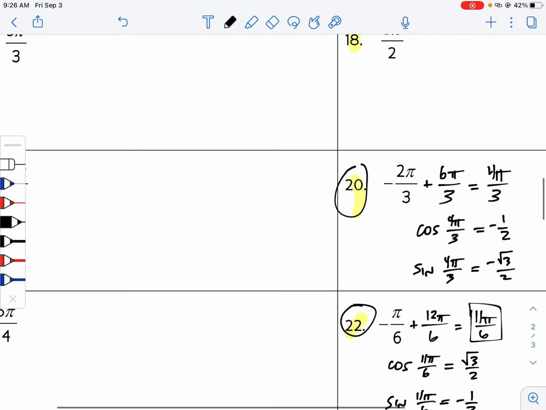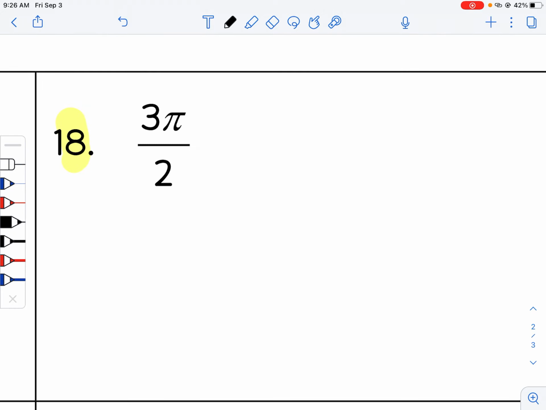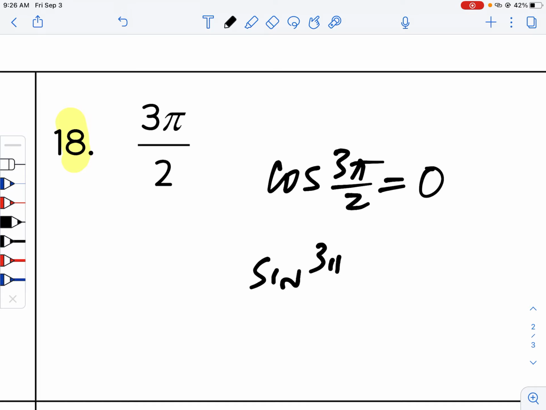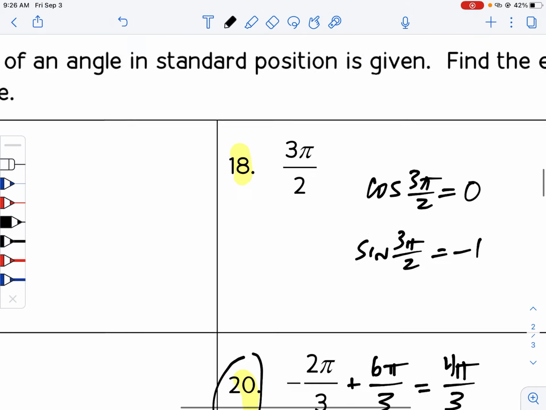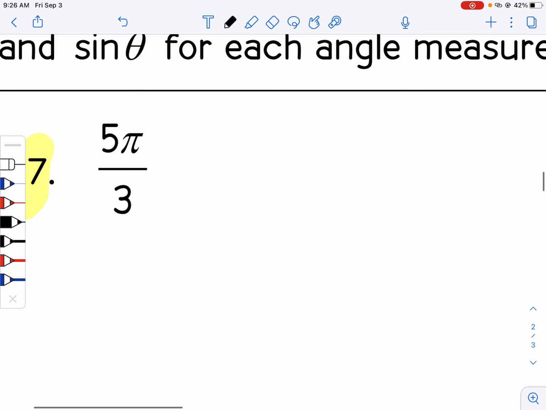Okay, so the rest of these here, again, you should be able to locate them on your unit circle. 3 pi over 2, the cosine there is going to be 0. And the sine of 3 pi over 2 is going to be negative 1. Over here, again, you're just checking your answers now. So cosine of 5 pi over 3 is the x value there.